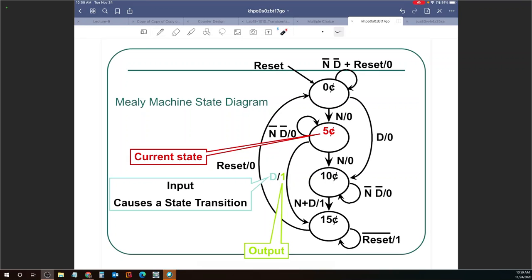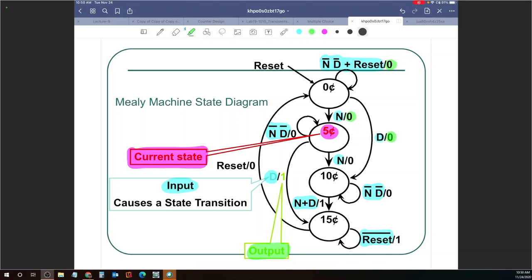As you can see, we are representing the current state over here. We are representing the input over here. So all of these are inputs in blue. However, the output, you see where I'm indicating the output?